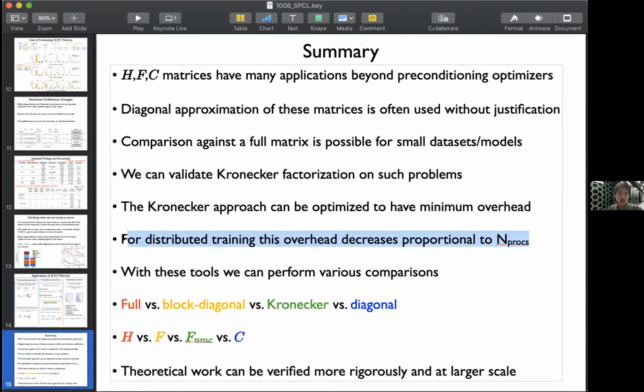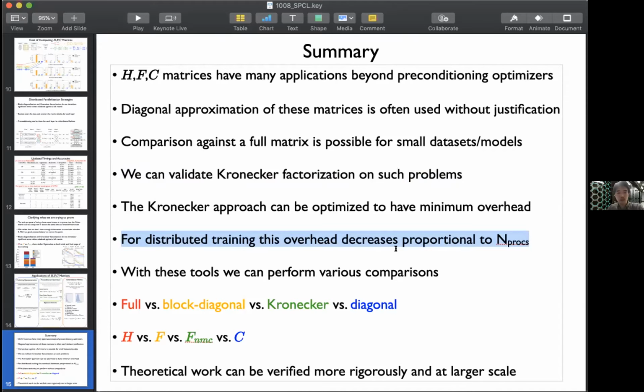Also, this overhead of computing these matrices decreases proportional to the number of processes. And this is an important thing. If you're doing things in a highly distributed manner already, if you're doing SGD in distributed, then the overhead of adding these second order preconditioners is smaller and smaller the larger you're training. The more GPUs that you're using, the less overhead that you can expect.